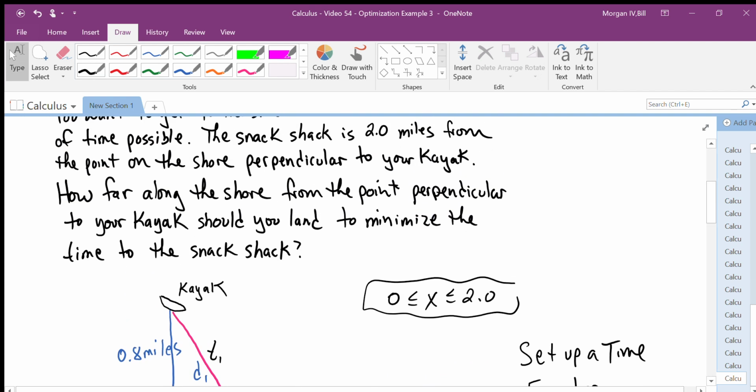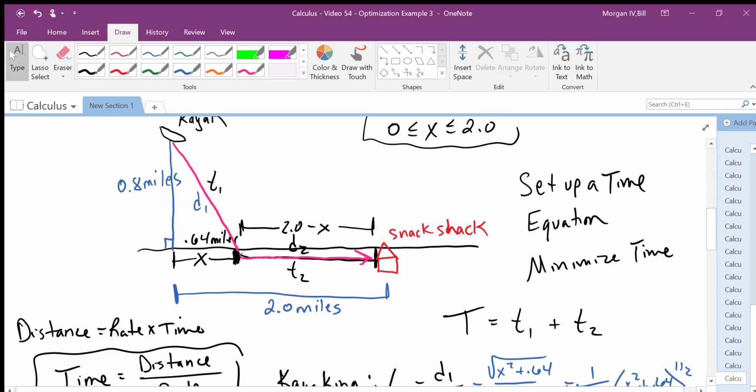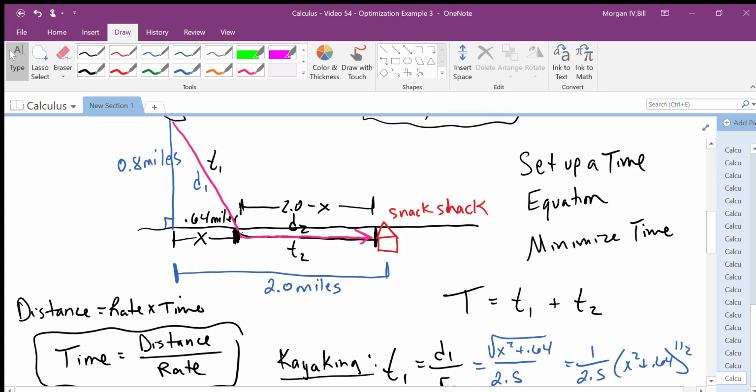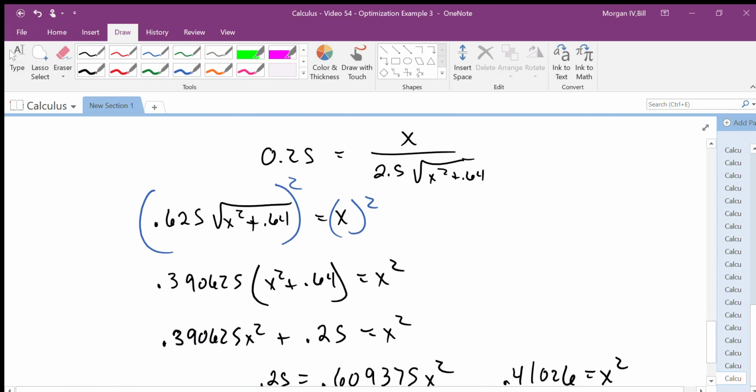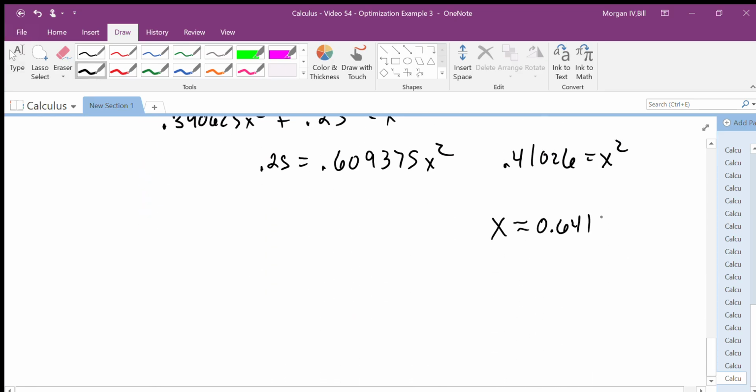How far along the shore from the point perpendicular to your kayak should you land? That is our x value. To minimize the time, that would be about 0.64 miles from that point perpendicular to the shoreline from our kayak, along the shore. So it was, in fact, a point in between that ended up minimizing the time. So the answer there is 0.641 miles.